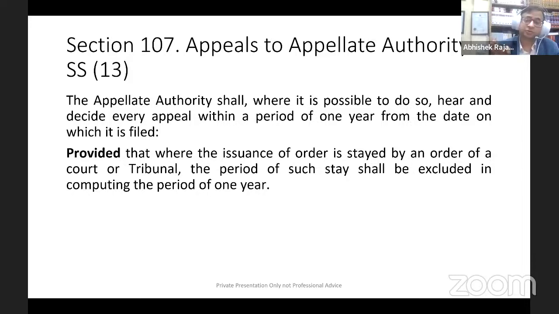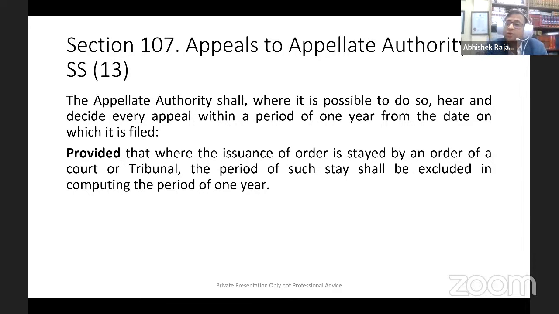So they are bound. Let's say in 73, they have to pass an order and serve it to you within 36 months, meaning 3 years from the date of annual return, or if it is extended. And for 74, the fraud cases, that is 5 years, minus 3 months for service of notice in 73, minus 6 months for service of notice in 74.